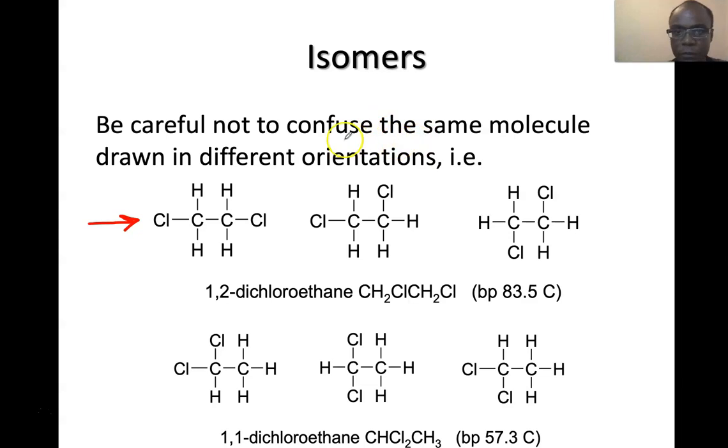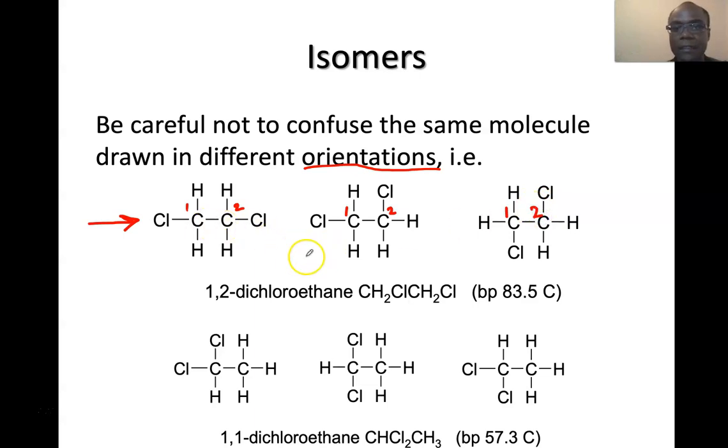Do not confuse isomers with different ways of drawing in different orientations, because all these are the same. I see on carbon 1 I have 2 hydrogens and a chlorine, on carbon 2 I have 2 hydrogens and a chlorine, in every drawing.